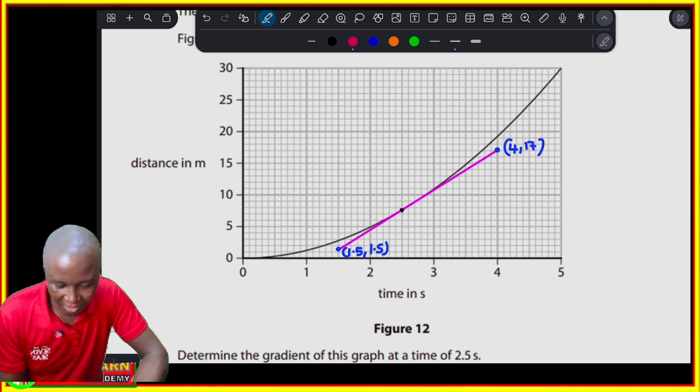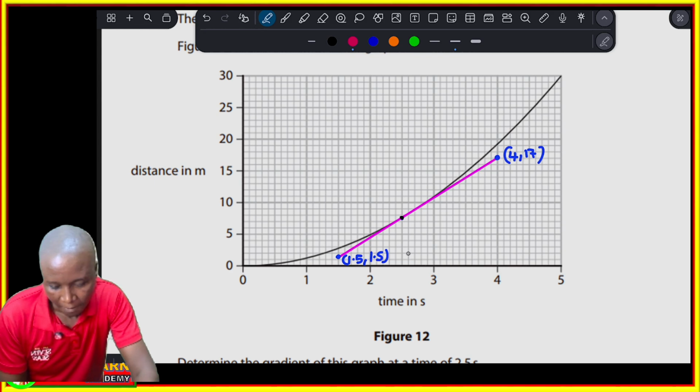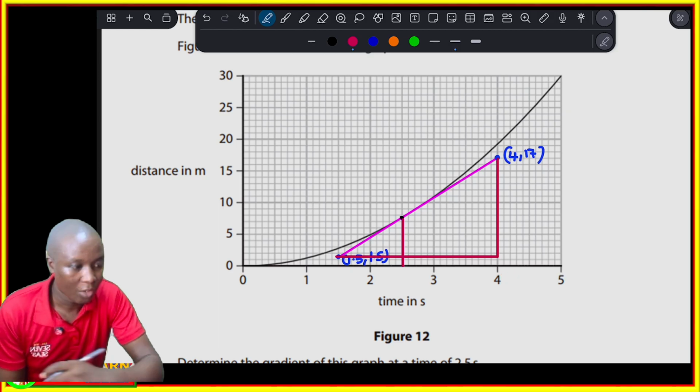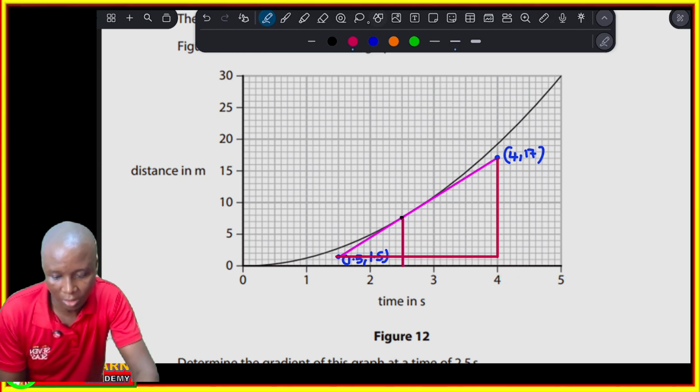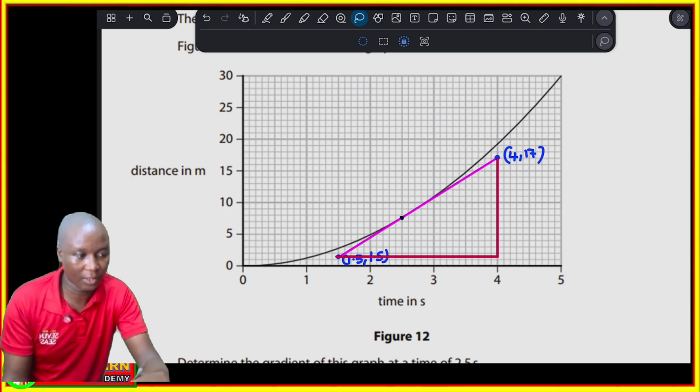Determine the gradient of the graph at 2.5. So you are supposed to identify where 2.5 is, then you draw a straight line there, and at that particular point you are going to draw a tangent. Once you have a tangent, you can go ahead and draw a triangle, which you use in order to find the gradient.